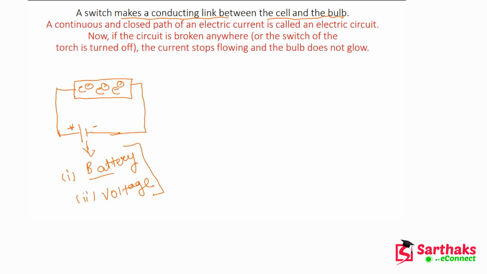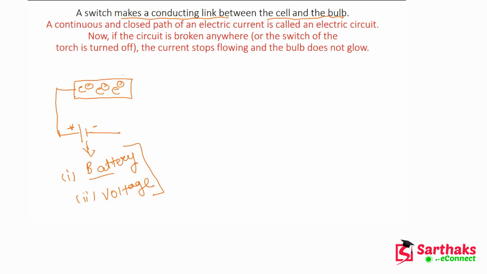So what happens? The current will only be flowing in this circuit until it is completed. If I break the circuit, then it will not flow any type of current. Why? Because the circuit is not completed.